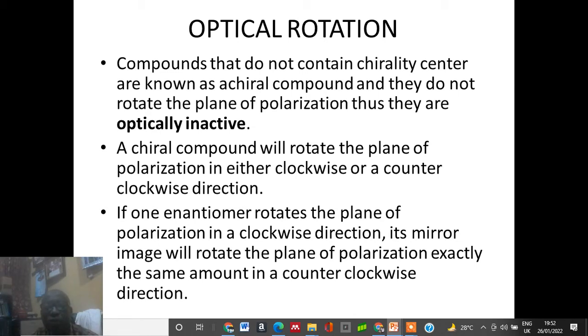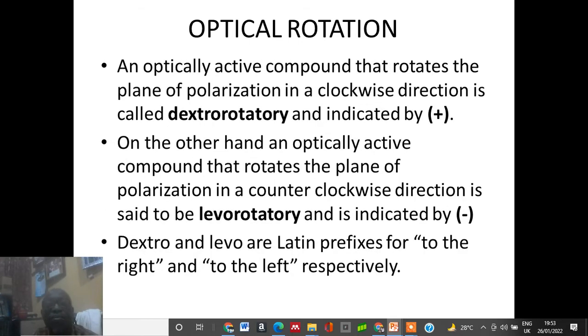You need to take note of this point carefully: if one enantiomer rotates the plane of polarization in a clockwise direction, its mirror image, that means its enantiomer, will rotate the plane of polarization exactly the same amount in the counterclockwise direction. In other words, in the opposite direction.